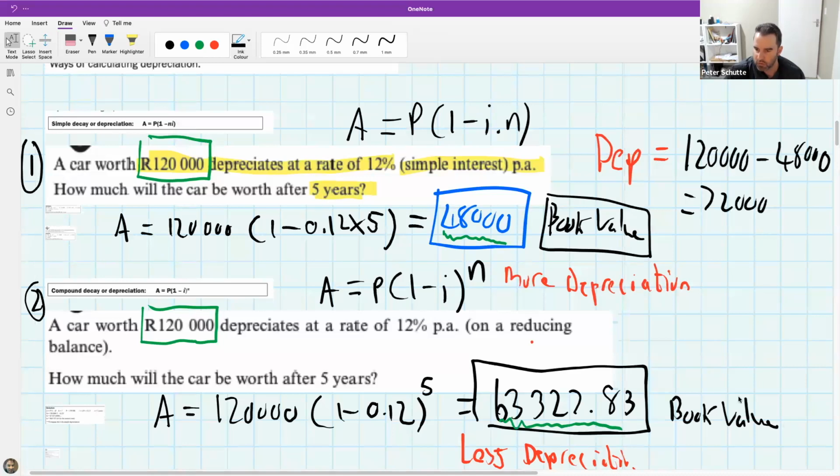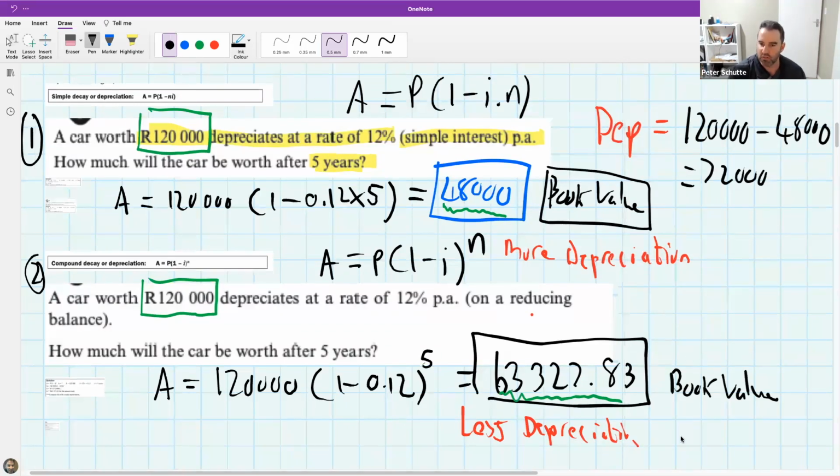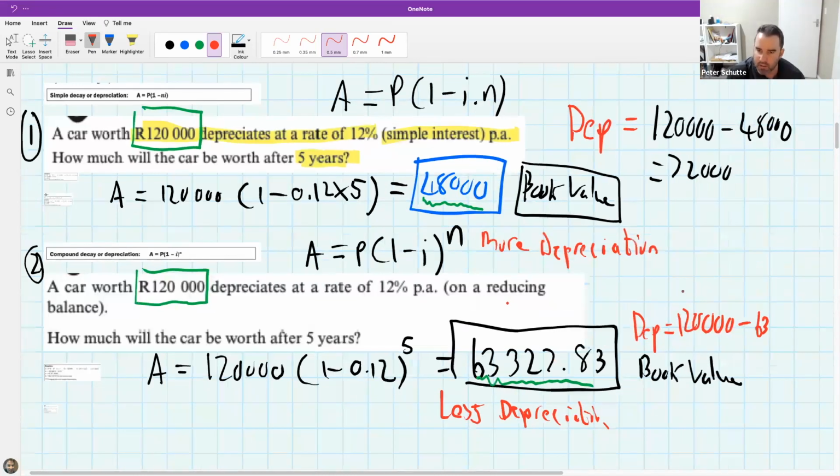If I can move this thing that's stuck, there we go. So in the second case, we would do the same idea, except that we would have to take away the different book values. So depreciation here is going to be whatever it was originally, 120,000 minus 63,327.83. Let me just zoom in.